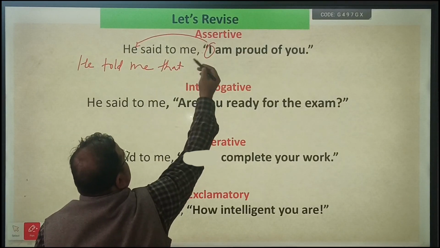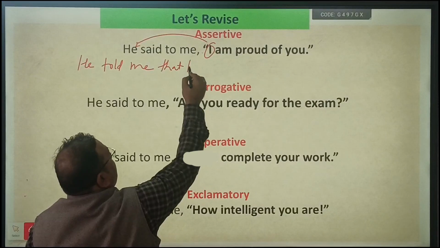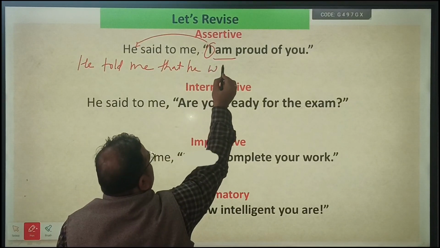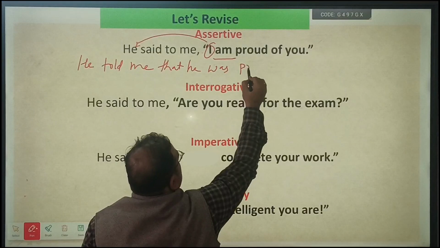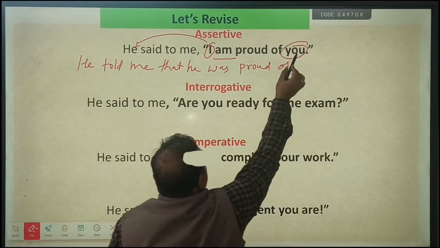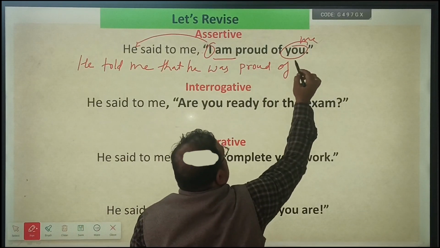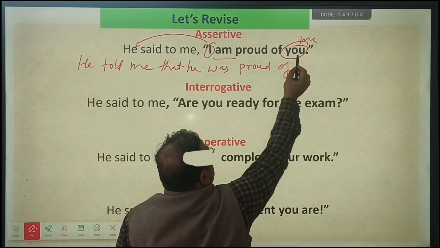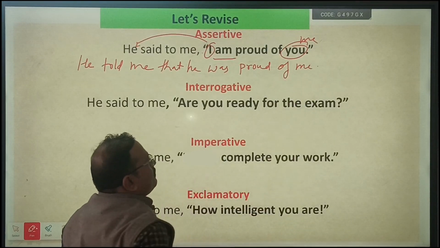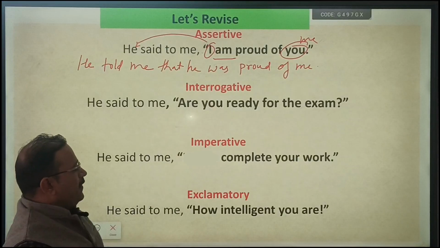Subject is he, singular, singular. Case is subjective. So he, am will change to was. He was proud, proud of you will be changed by me. So object, singular, singular. This is objective case. So objective case of me is me. So he told me that he was proud of me.